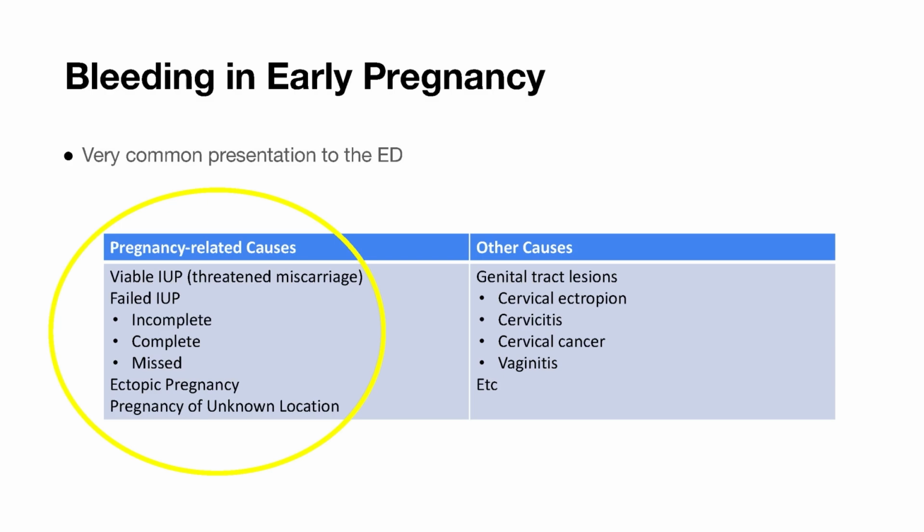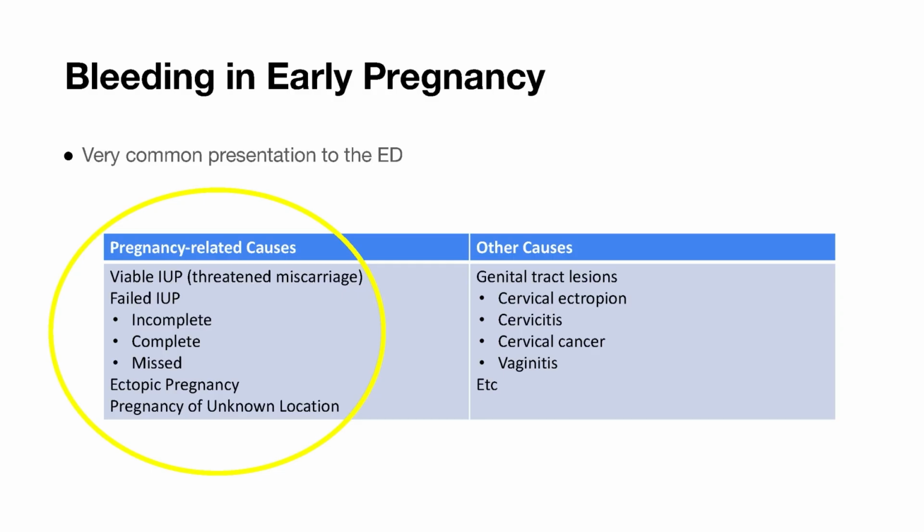Importantly, an ectopic pregnancy, a molar pregnancy, which I haven't put on that list, or a pregnancy of unknown location. And all these things have their own associated videos on this site to look for more detail.